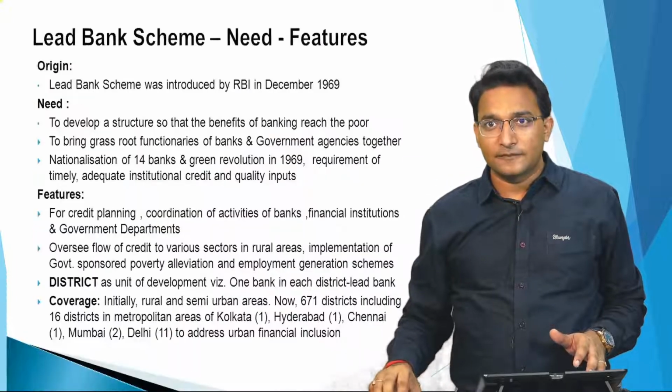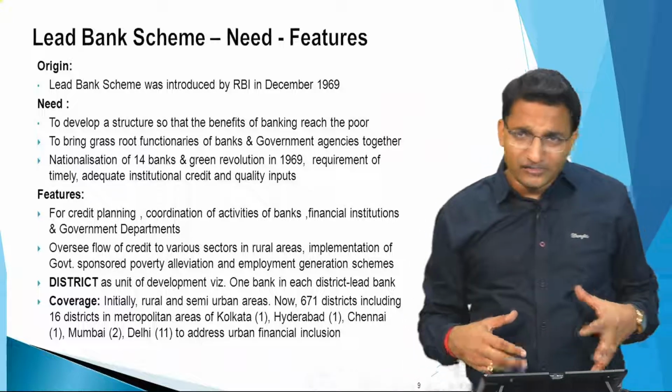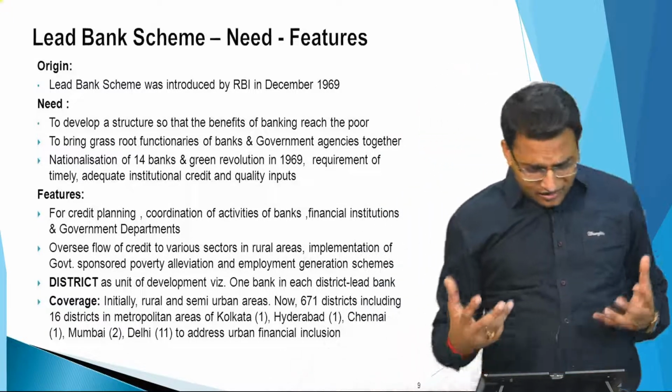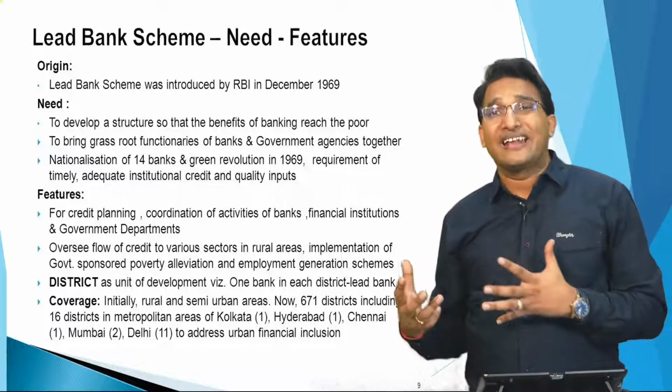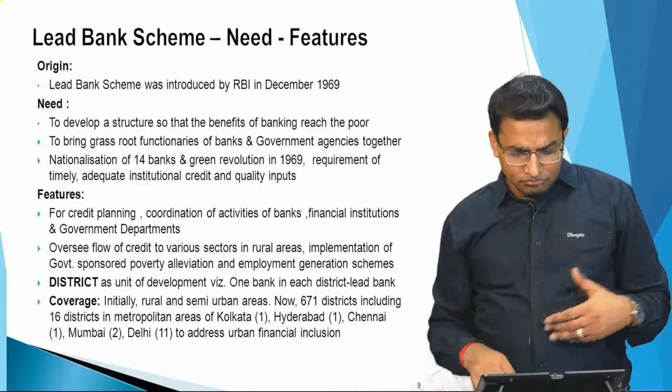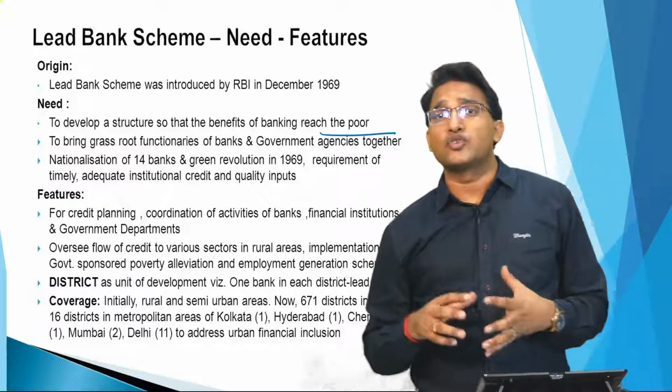And the answer is about the Lead Bank Scheme. I think we are not supposed to go into detail. The Lead Bank Scheme is one of the schemes for financial inclusion, and its purpose is to ensure that the benefit reaches the poor.